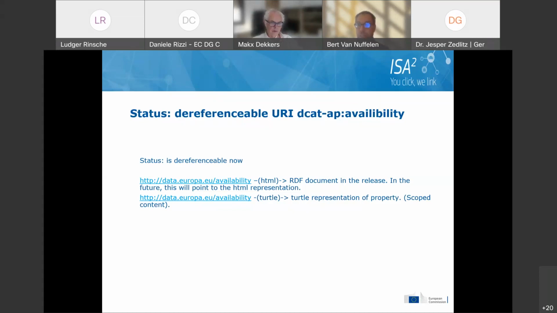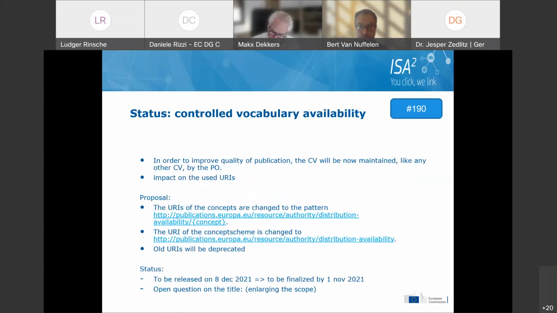If we have an HTML representation of the specification, then we will redirect to the point where this is in there. Okay, yes, R5R, yes, my typo, an oversight. So this is an announcement that this is now available and this is addressed. It's one of the side questions in it.